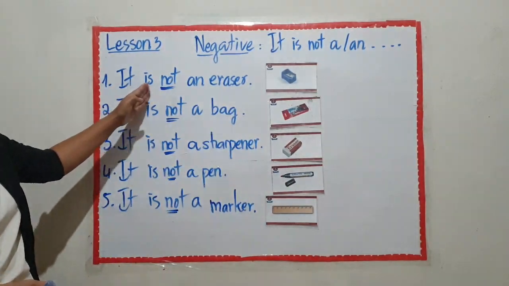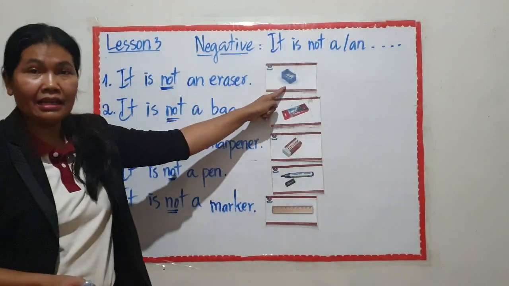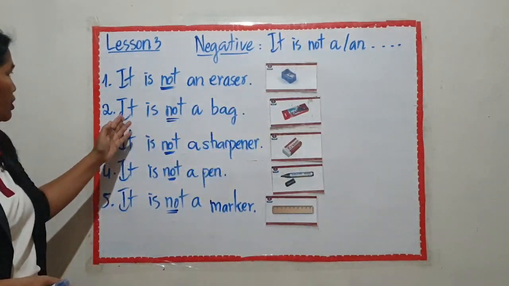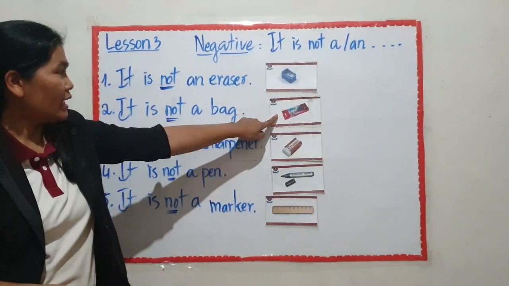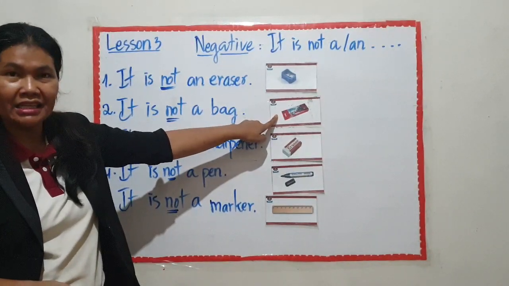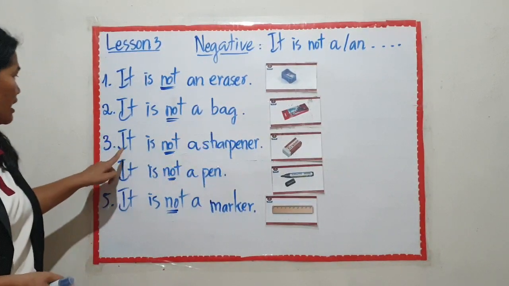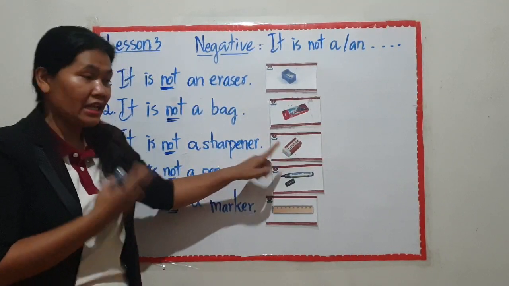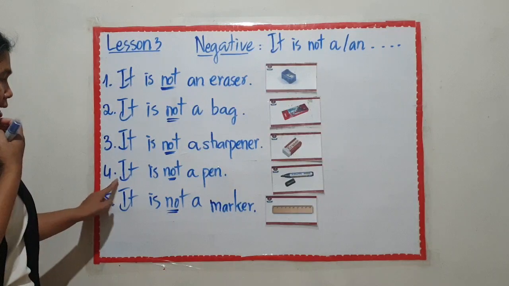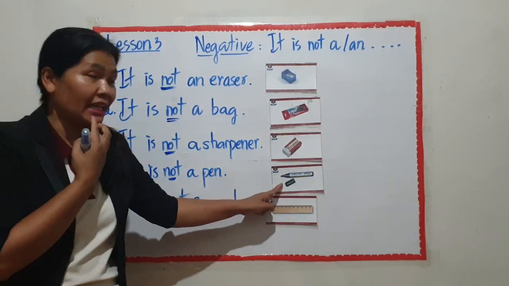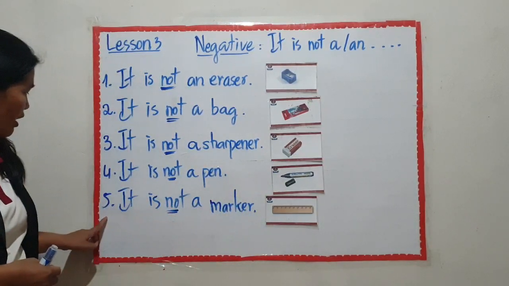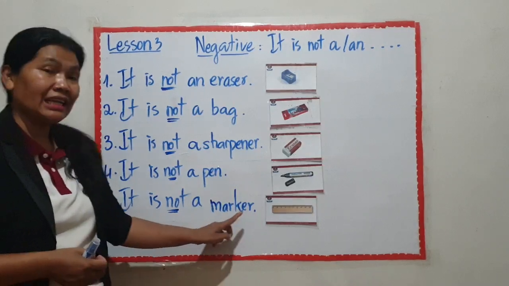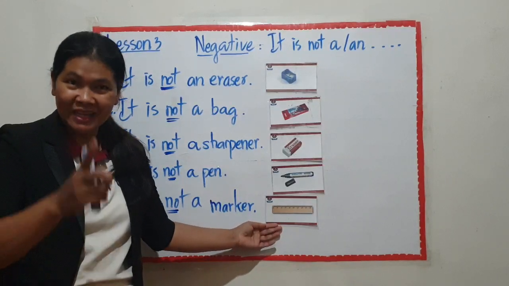Like this one, it is not an eraser, it's a sharpener. Number two, it is not a bag, it is a pencil case. Number three, it is not a sharpener, it is an eraser. Number four, it is not a pen, it is a marker. Number five, it is not a marker, it's a ruler, right?